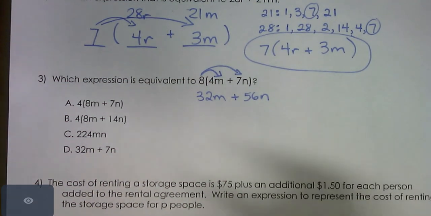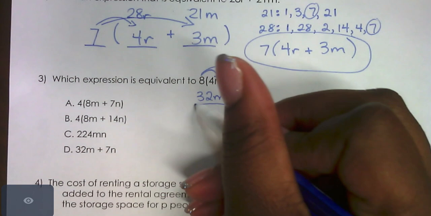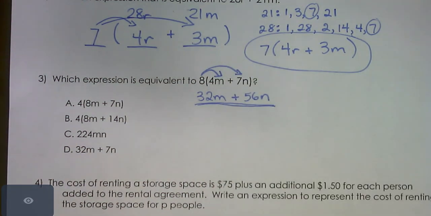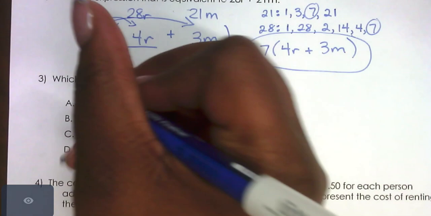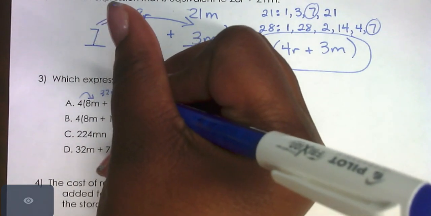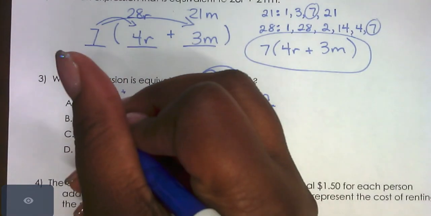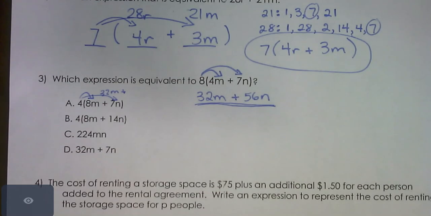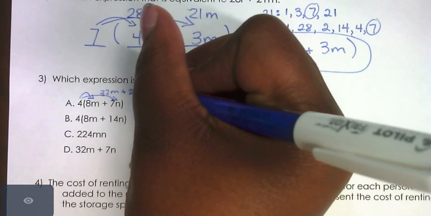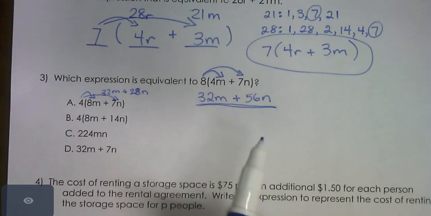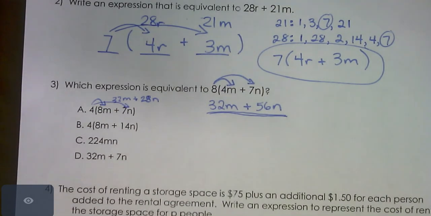All right, so this is what I have to check to see if any of these others will match this. Let's check and see. 4 times 8m will give me my 32m. Now let's see, 4 times 7n, that will only give me 28n. Look guys, that does not match our original problem.